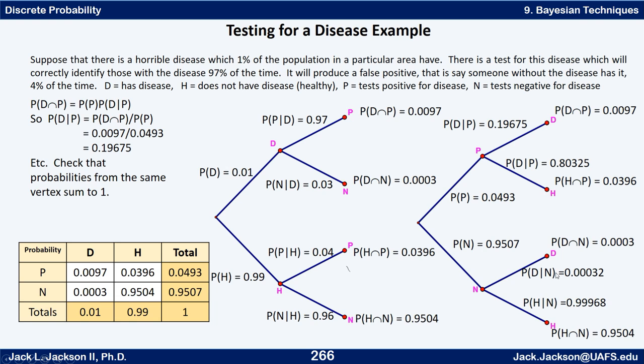Of course, these two coming out of N must add up to 1. So you add 0.99968 plus 0.00032, and that will give you 1. And add these two together, 0.19675 and 0.80325, adds up together to be 1.